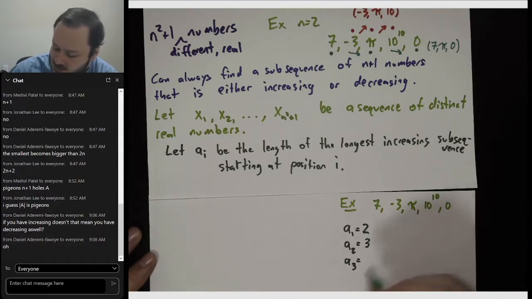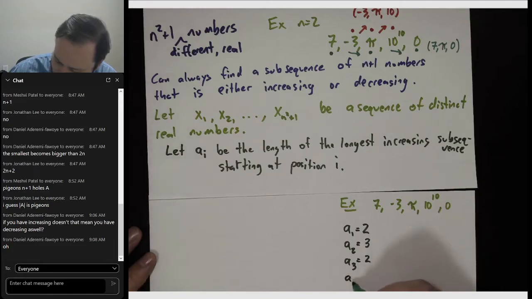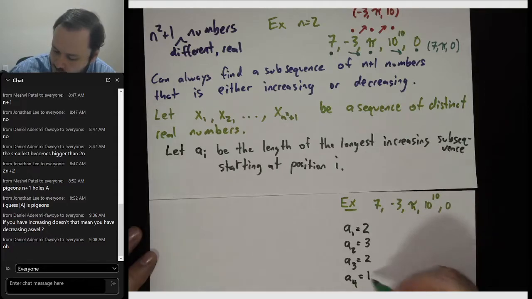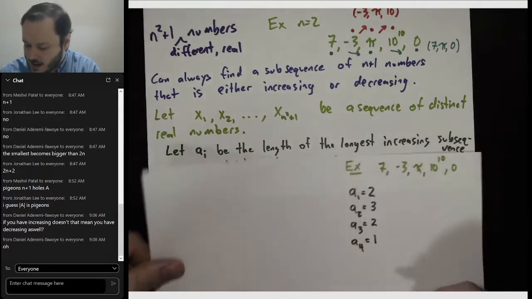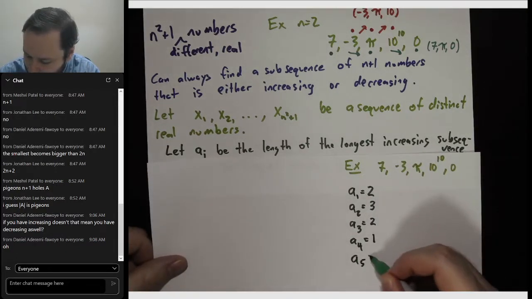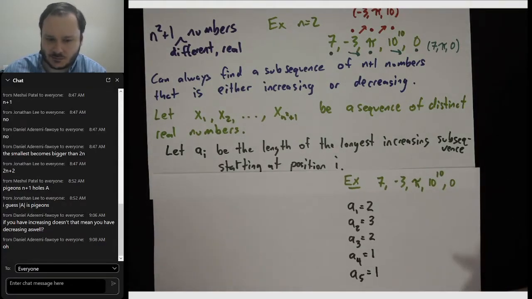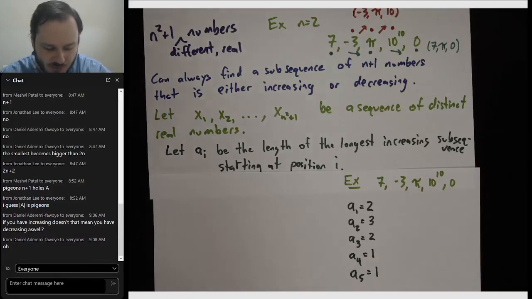I can go from pi to 10 to the 10. A sub 4, if I start at 10 to the 10, I can only do 1. And a sub 5, if I start at 0, well, I'm at the end, so the best I can do is 1. So those are my a sub i's.